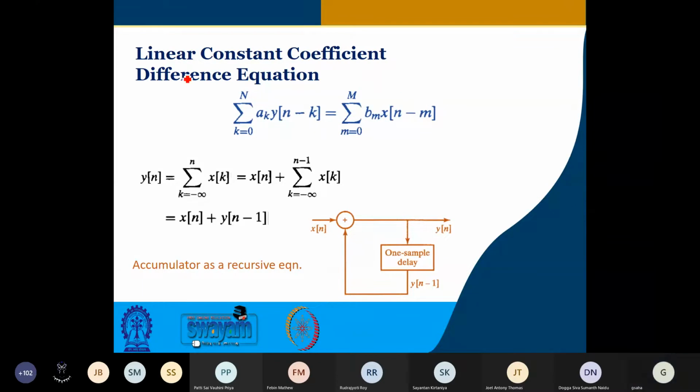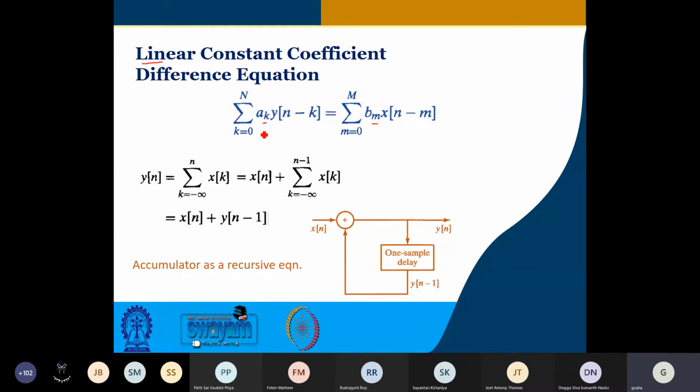So when you are describing a discrete time system, we describe it in the form of a linear constant coefficient difference equation. These are the constant coefficients that you see, built up on the current value of input and past values of input, and also the current output.